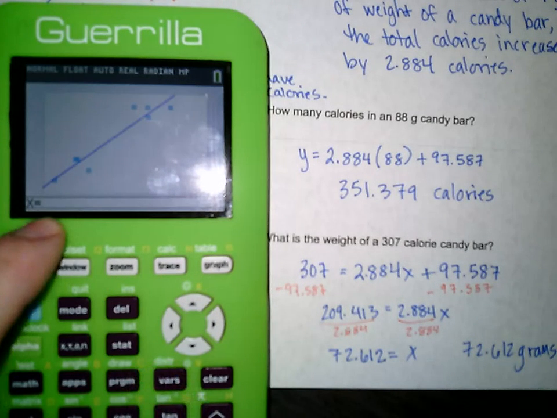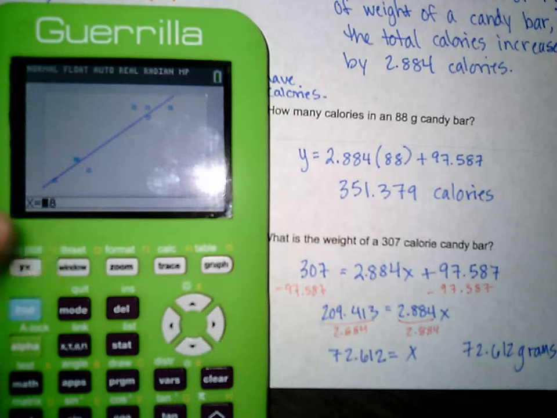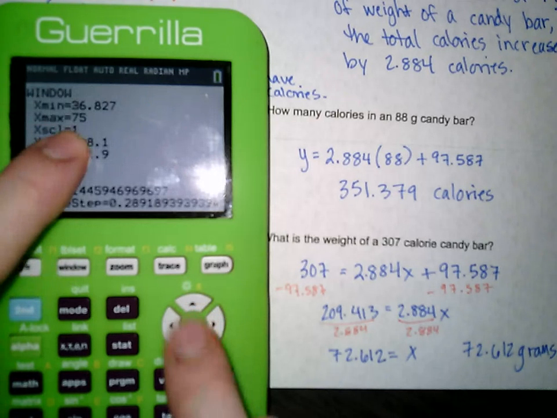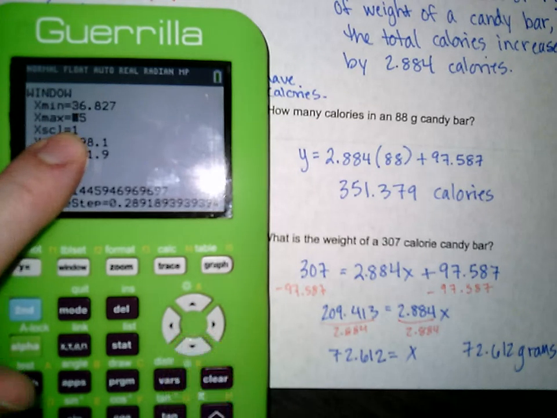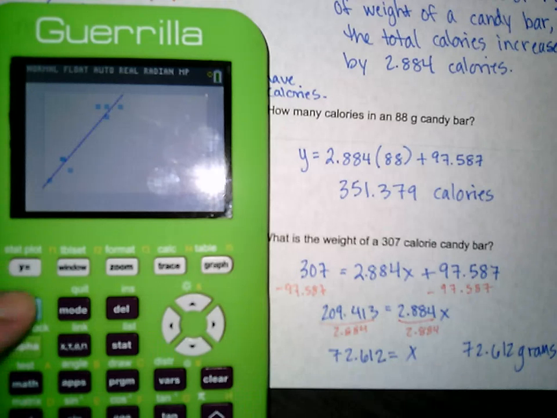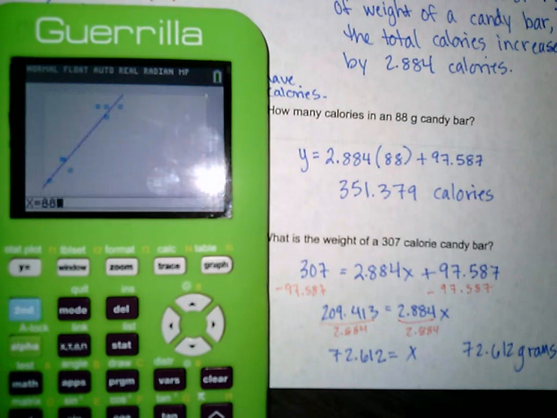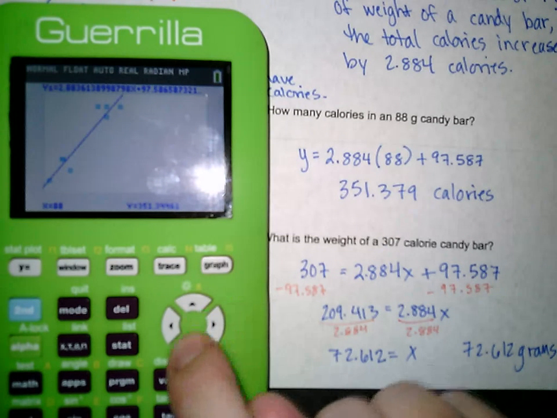And then I can type in the x value, which was 88. I have to make sure that's in my window range because my x max only went up to 75. And I may have to adjust my window again. So I can calculate value, x is 88.